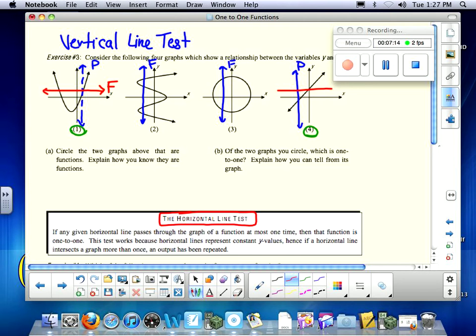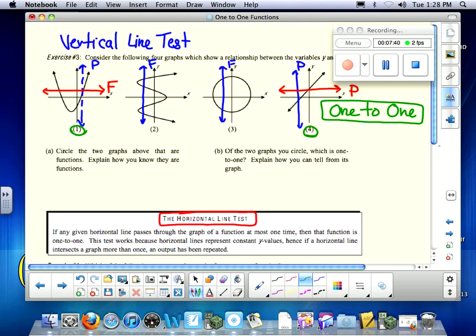Pass. I believe you are correct. This one is a passer. Sweet. So our linear equation, the graph of the line, passes both the vertical and horizontal, so it is, drum roll please, one-to-one.